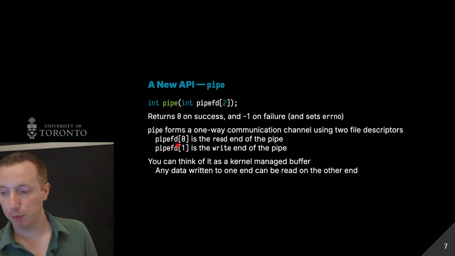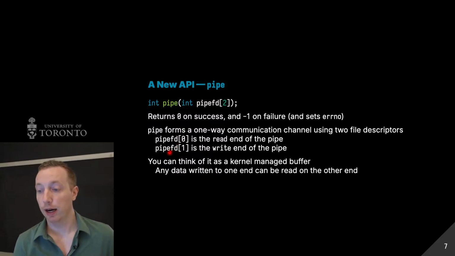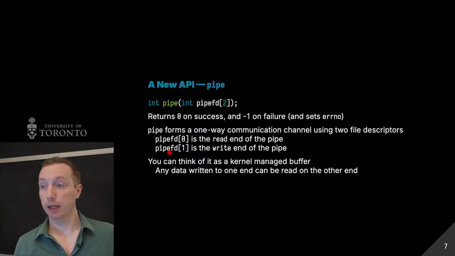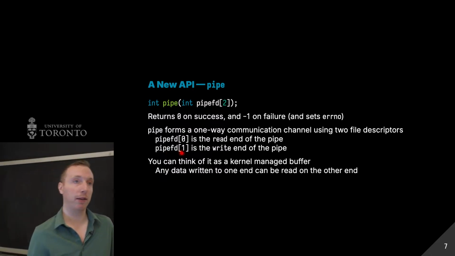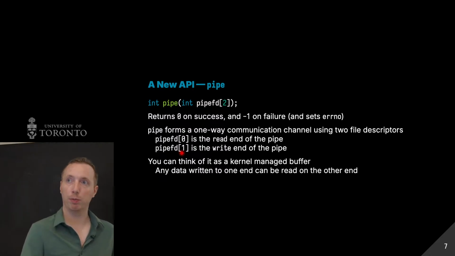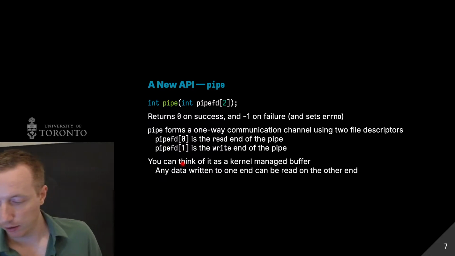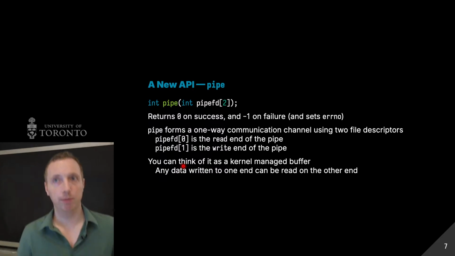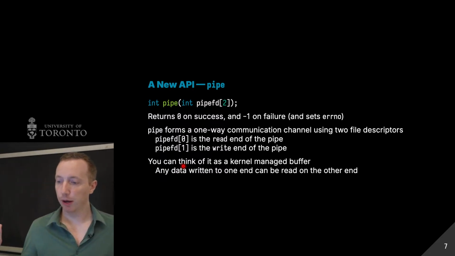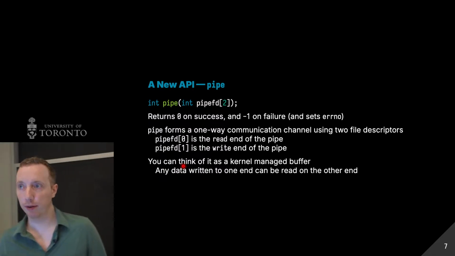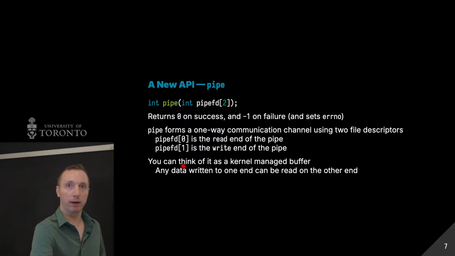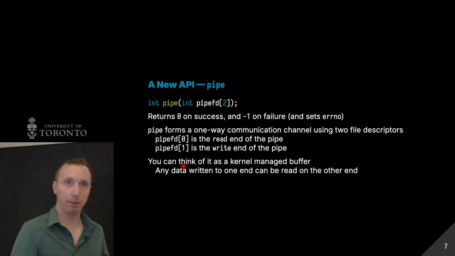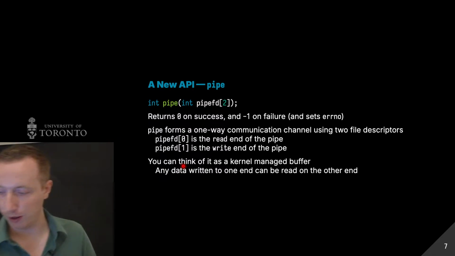If I want to put data into the pipe, I use the file descriptor at index 1, which is the write end of the pipe, using the write system call. So you can think of the pipe as a kernel-managed buffer, a region of memory, whatever you want. But the way it works is that any data you write to it, you can read from the other end of the pipe. It's like a one-way communication channel.